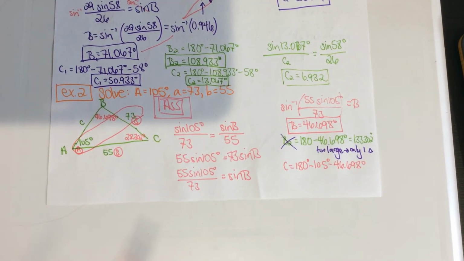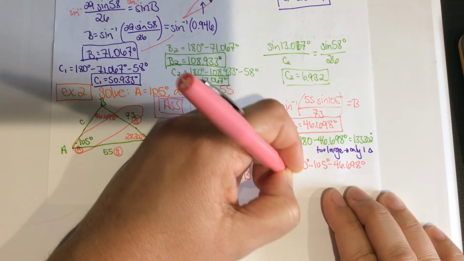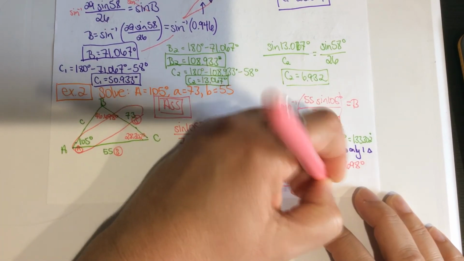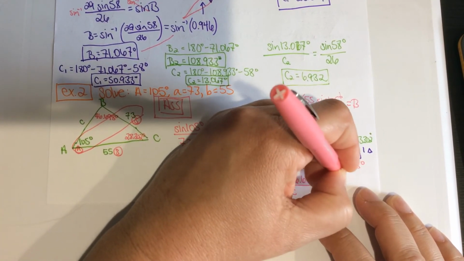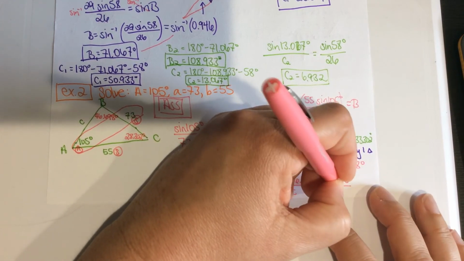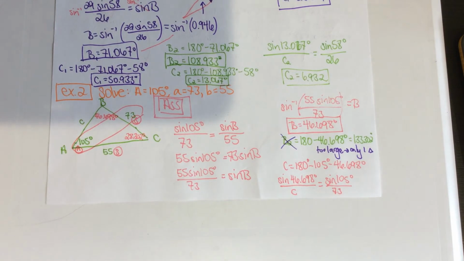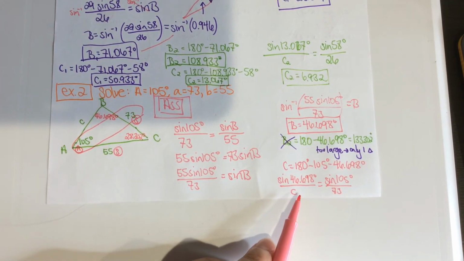We're going to find side C. I'm not going to do the work for you because you've done this 1,000 times now. We're going to go sine of 46.698 over side C equals, again, using the given information instead of the rounded information, using angle A and side A instead of angle B and side B. And then you guys can all solve that.